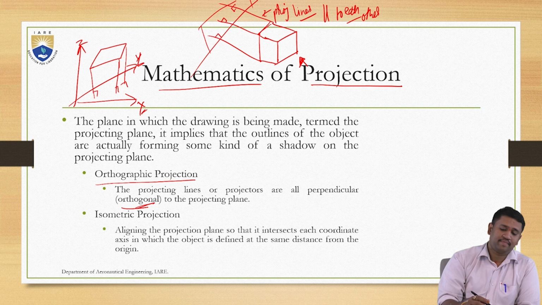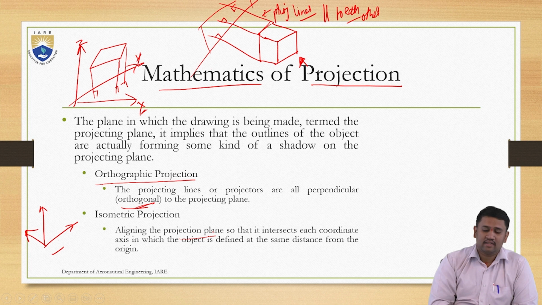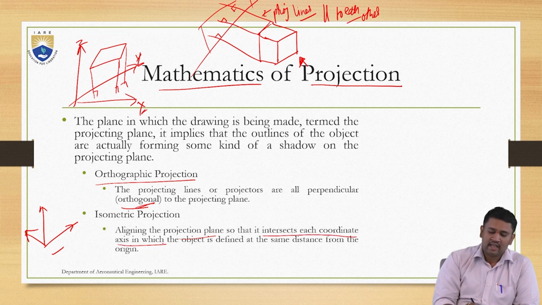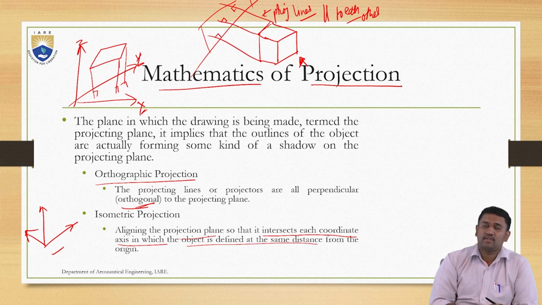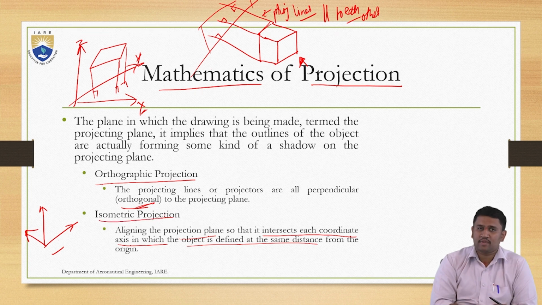So similarly, while projecting at an inclination of 30 degrees to be precise, or whenever a projection plane is inclined and always aligned so that it intersects each coordinate axis with the object defined at the same distance from the origin, this particular type of projection is called isometric projection.